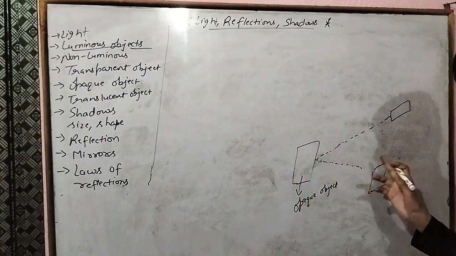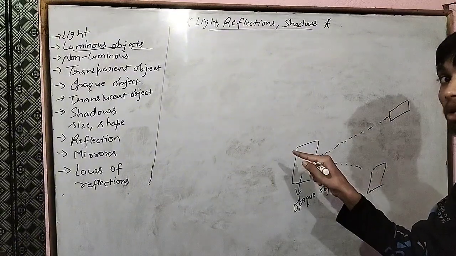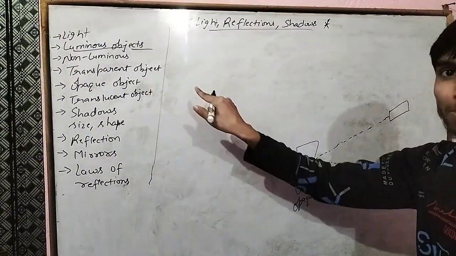It's all about light. If light is passing through the object, then those objects would be named as transparent.